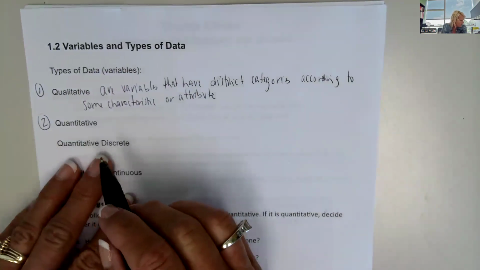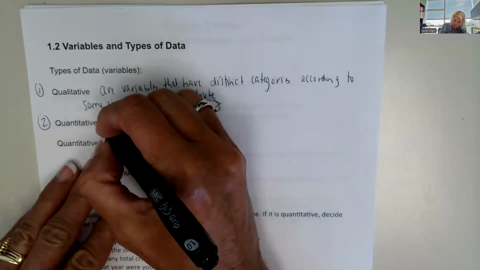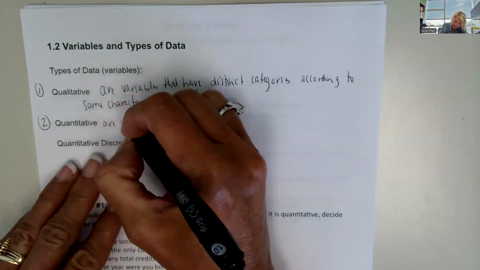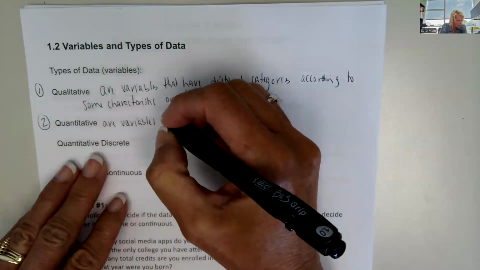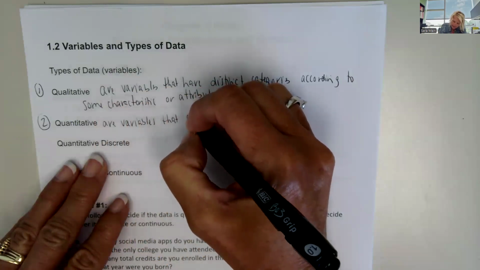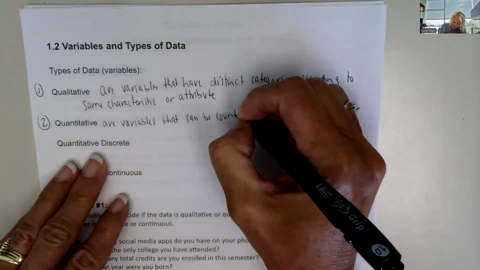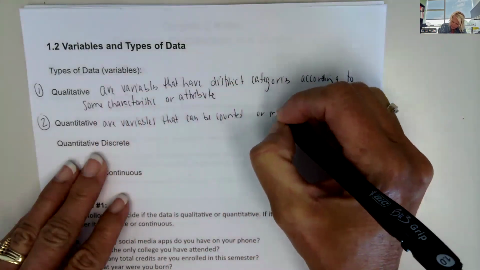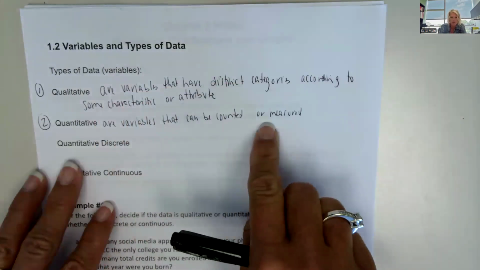Quantitative data. So quantitative data is variables that can be counted or measured. And we're going to break those into two groups.